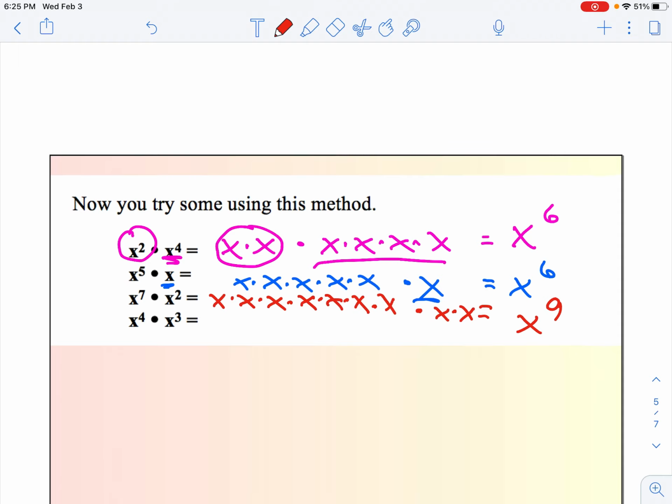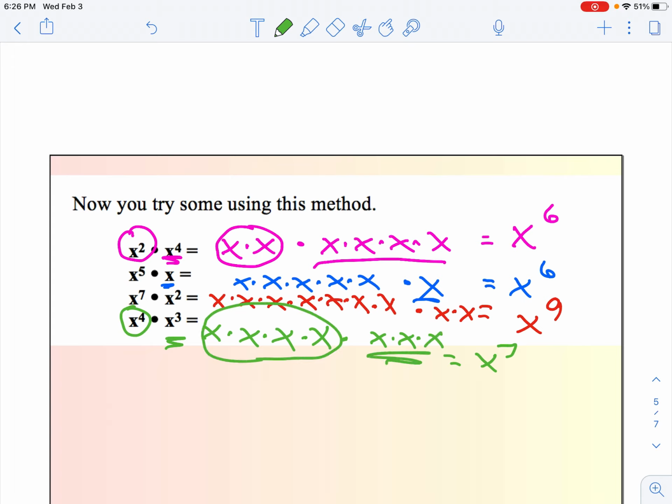And you get 9 x's multiplied all together. And last but not least, this would become x to the 7th, because again, 4 x's multiplied with 3 more. And so you get a combination of 7 x's.